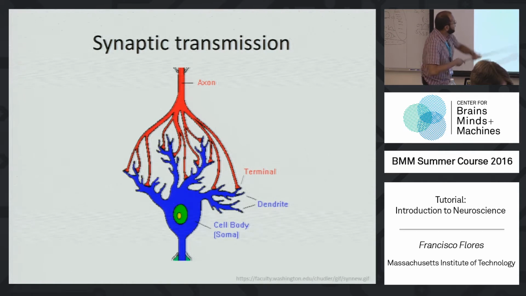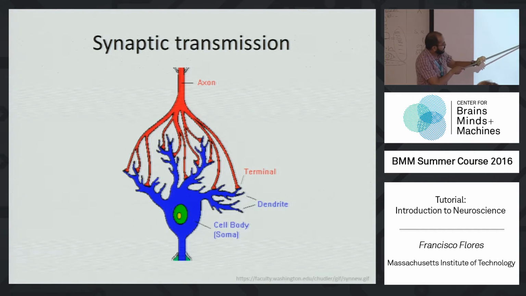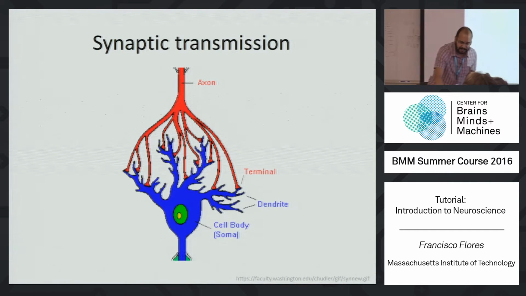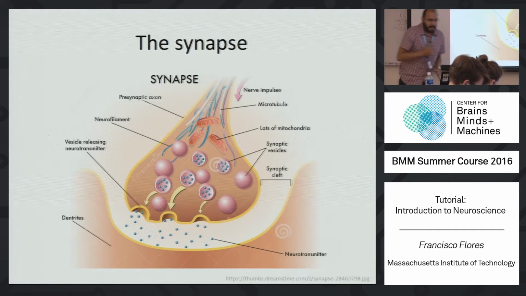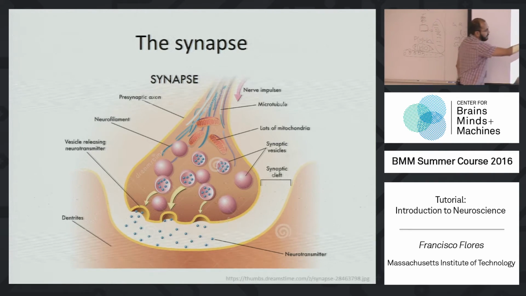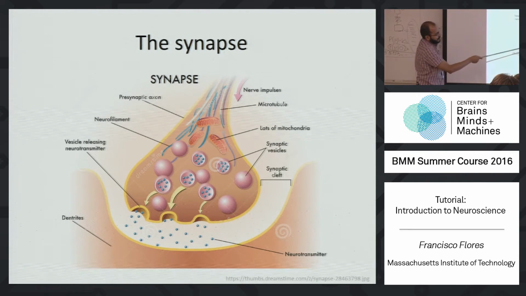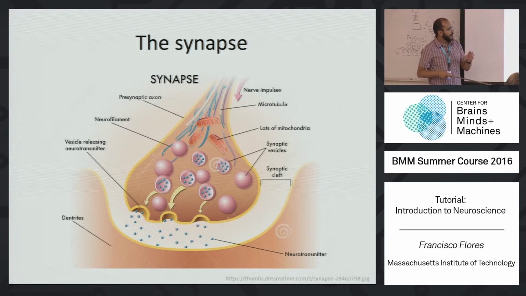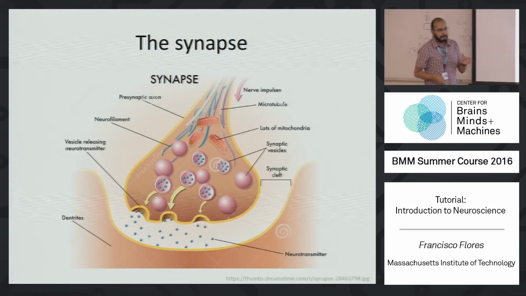So the action potential is coming this way, and it's going to reach these synaptic terminals right here. And what happens there is a transduction process where the action potential, with an ionic current, is coming here. And here the synaptic terminal is full of these vesicles, and these vesicles have different kinds of molecules.